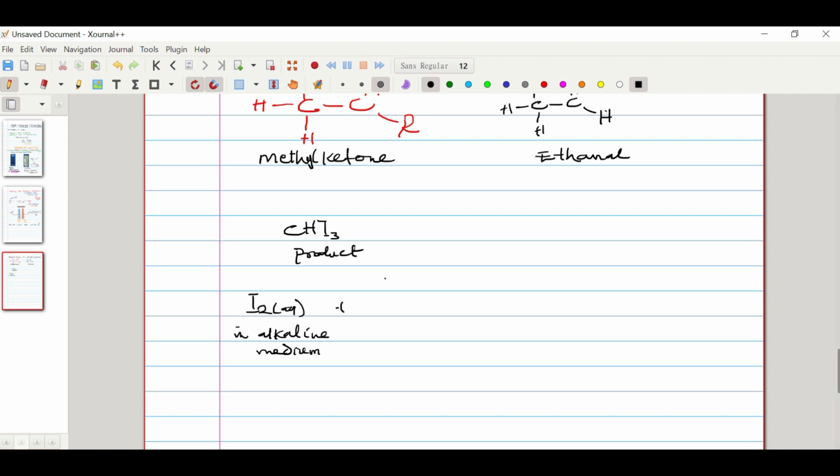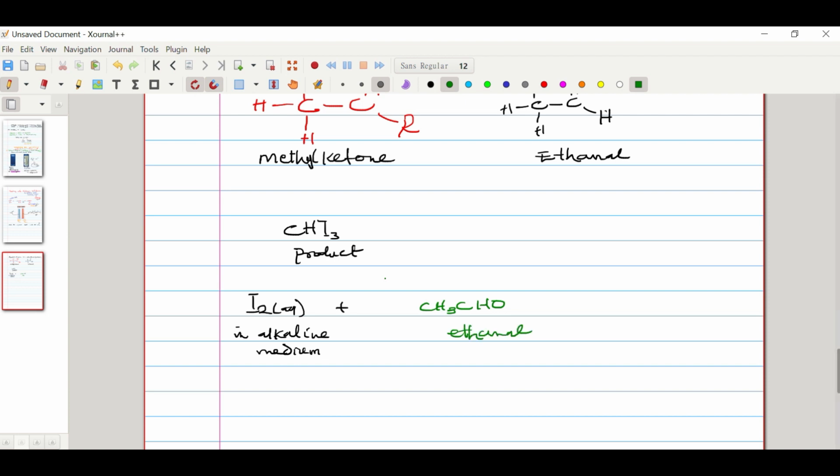Then we react it with any compound that contains a methyl ketone. We can just use ethanol as an example, CH3CH2OH. So this is our ethanol.